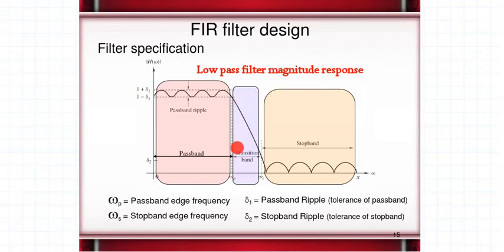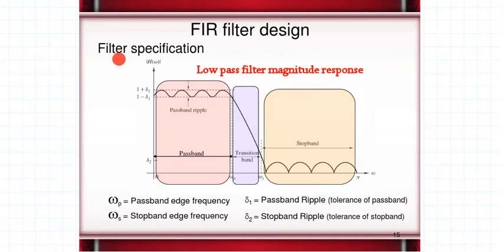And a good filter design is one wherein the transition band is minimum. So how do you calculate the transition band? Definitely it's the difference of omega s and omega p. If this transition band is minimum, it means that you have sharp cutoff characteristics of the filter.